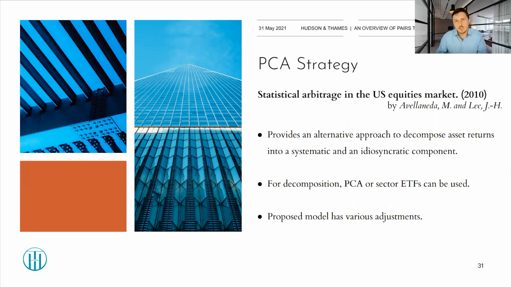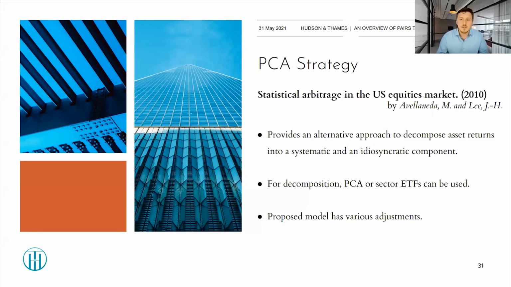Or you can use just sector ETFs. For example, if you are assuming US stocks, you may take sector ETFs for, I don't know, technology, industrial, etc., and then regress your stock returns on sector ETF returns, and you would essentially get the same idea of splitting returns into systematic and idiosyncratic components.